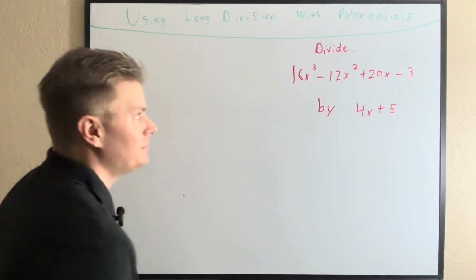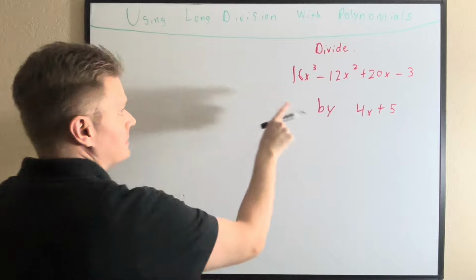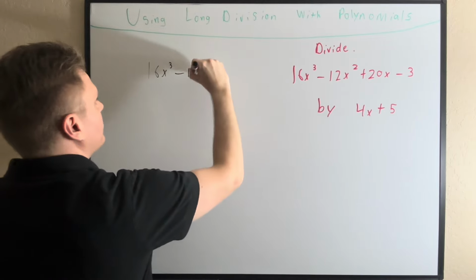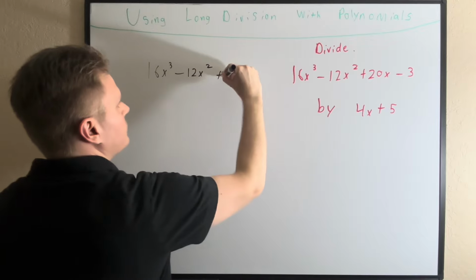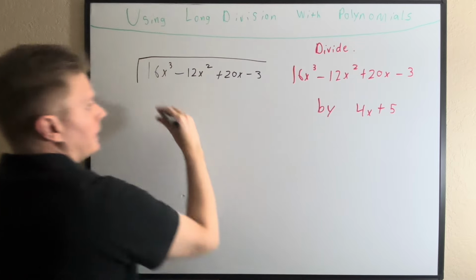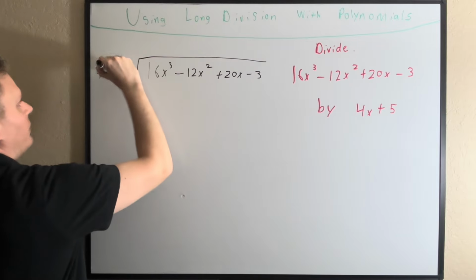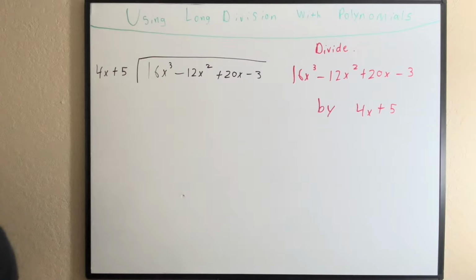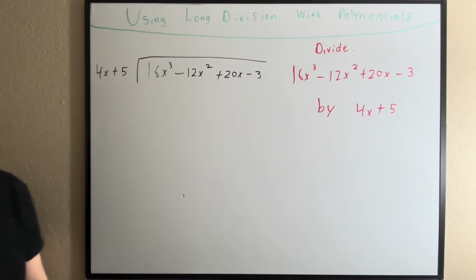All right, last example. 16x cubed minus 12x squared plus 20x minus 3 divided by 4x plus 5. Whoa. Is that right? Yeah, that's what they want me to do.